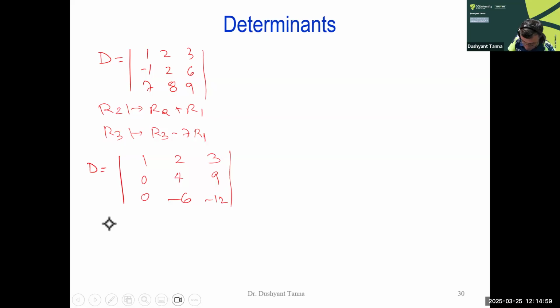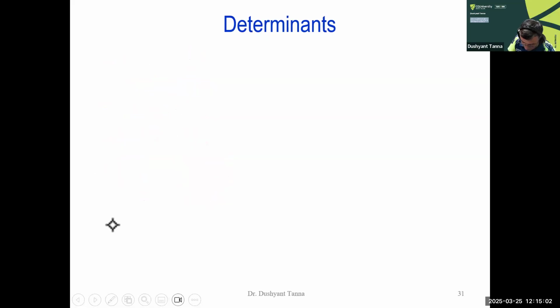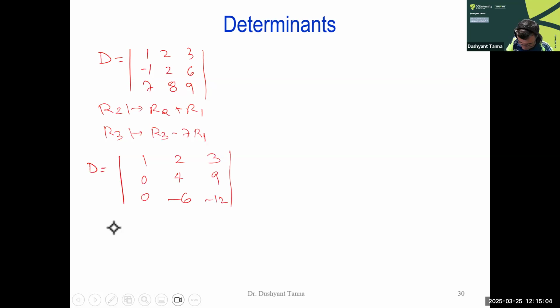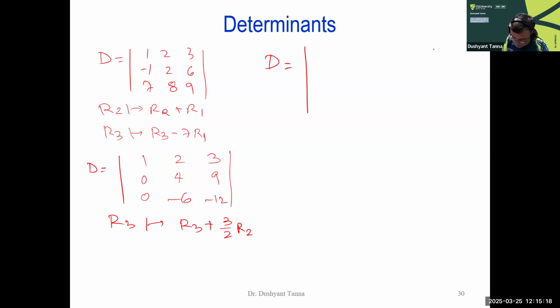My new row 3 will be old row 3 plus 3/2 row 2. So the matrix D, the first row doesn't change, 1, 2, 3. The second doesn't change, 0, 4, 9. This has to be 0 because this is why we are doing it. 4 times 3/2.